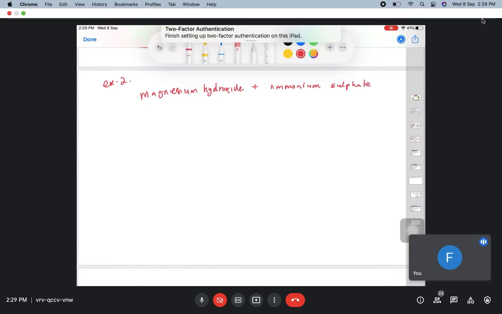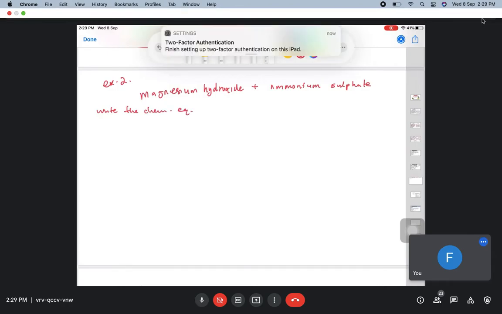Write the chemical equation. I will show you step by step as well. First, identify the ions in the equation. Magnesium ion, Mg2+. Hydroxide ion, OH-. Ammonium ion, NH4+. Sulfate ion, SO4 2-.